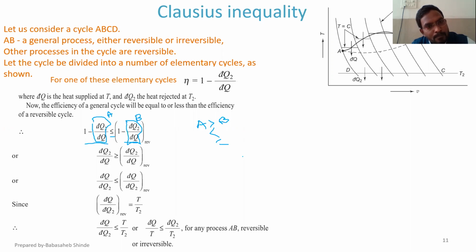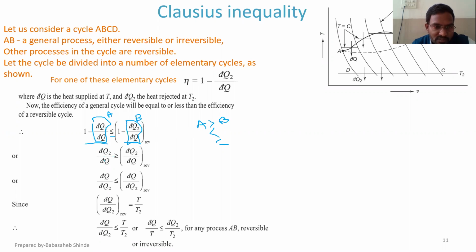Sir, A is greater than B. A is going to be greater than B. Correct. Because 1 minus A is smaller than 1 minus B. It means when you subtract A from 1, that difference is smaller than when you subtract B from 1. So A is going to be greater than B. And that's what we did over here.